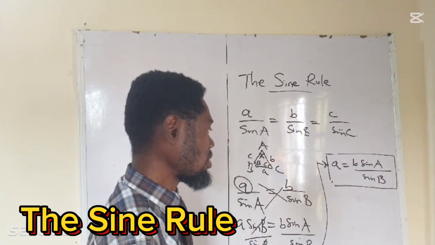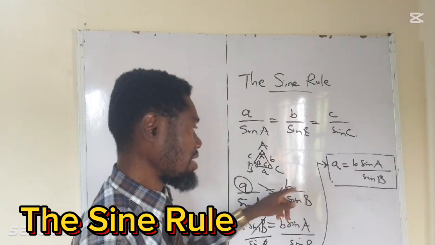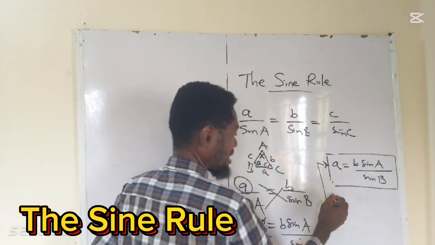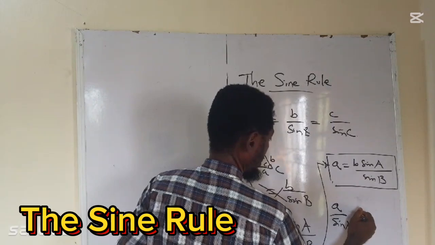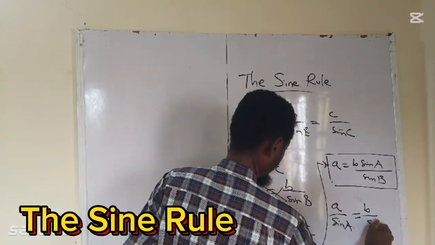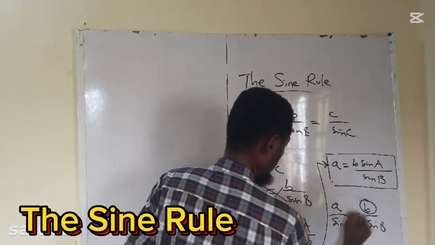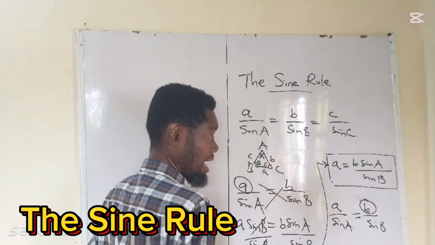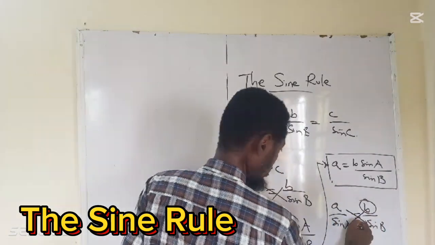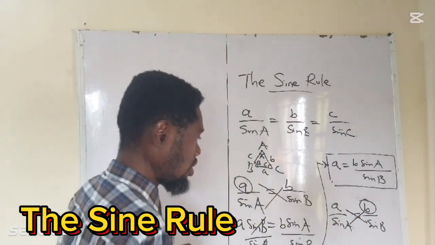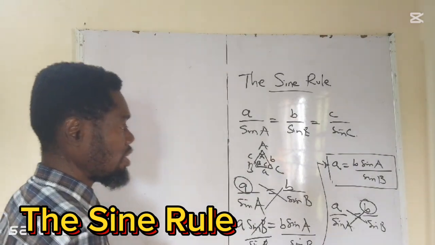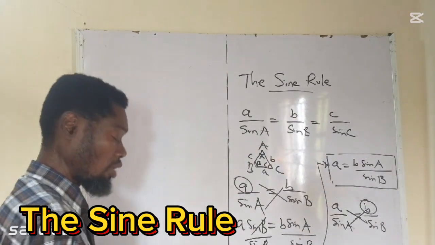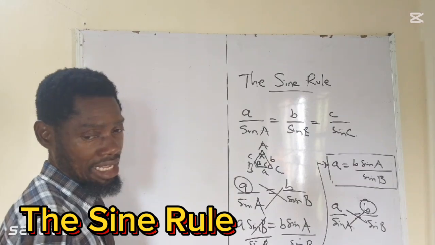What if we're asked to look for b? Let's take back the formula: a over sine A is equal to b over sine B. The same method is applied: cross multiply. Remember, the unknown side should always be on the right hand side.